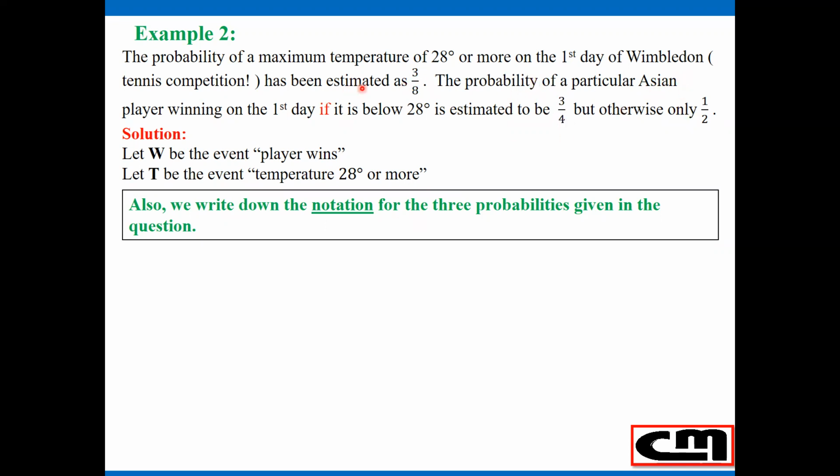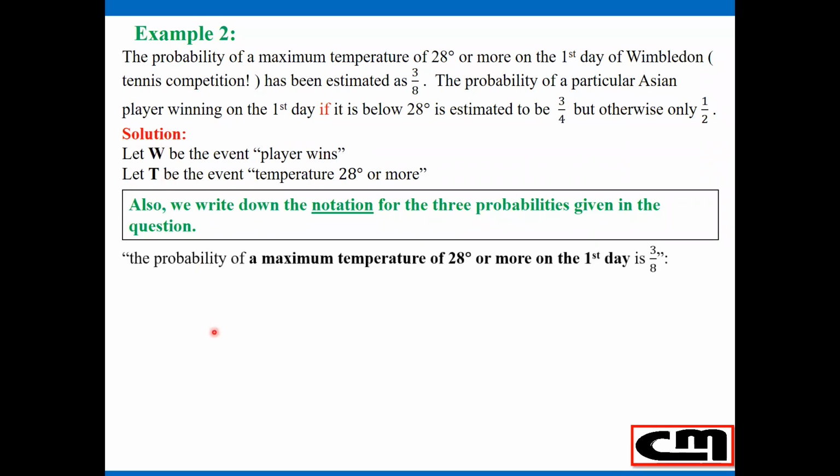We need to write their probability in terms of T and W. We start with the probability of a maximum temperature of 28 degrees or more on the first day, which is 3/8. Symbolically, it simply means probability of T is equal to 3/8, right?